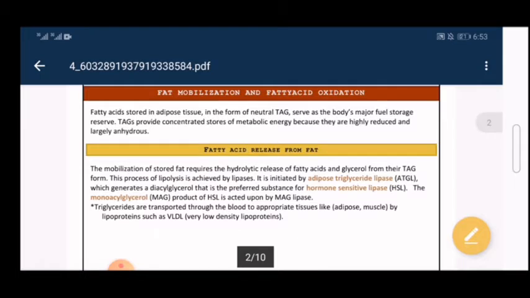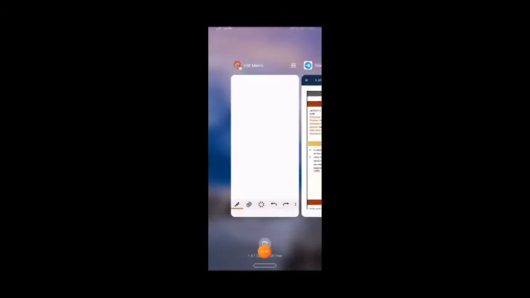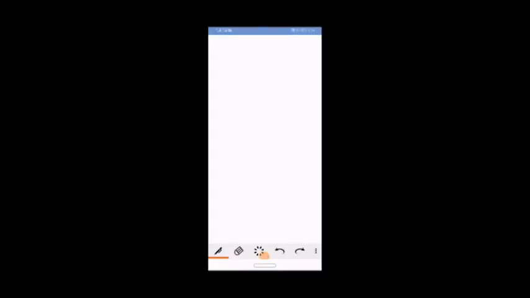Fatty acid release from fat. Before reading the paragraph, let's draw a single concept map to understand this paragraph. TAG, DAG, MAG: triglyceride, di, mono.